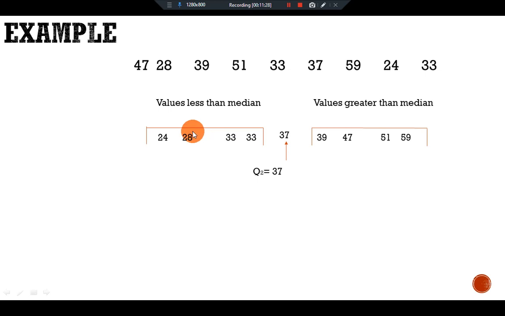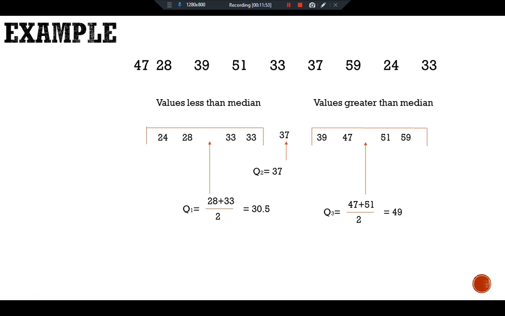For getting Q1, we take 28 plus 33 divided by 2, and we get Q1 equal to 30.5 years. For Q3 we have 47 plus 51 divided by 2, and that is 49 years.